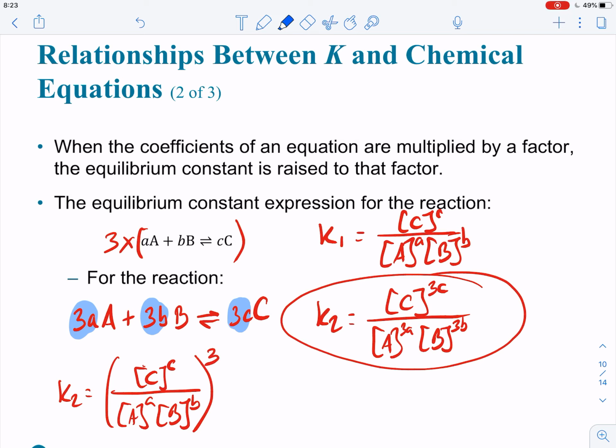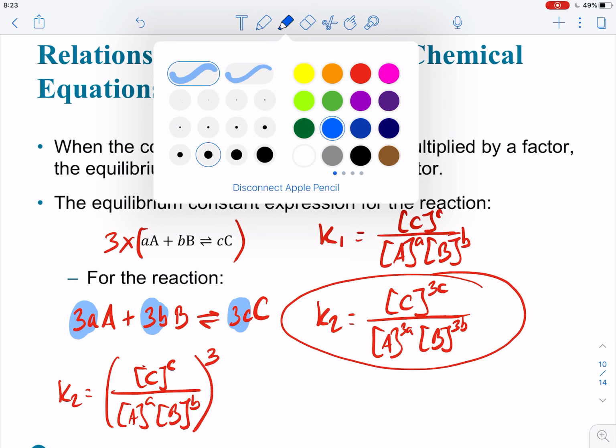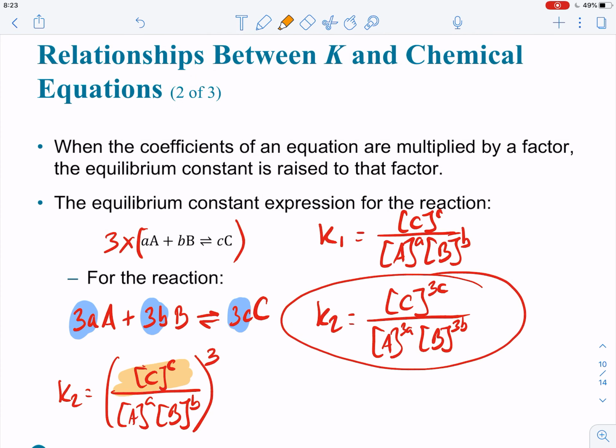And what do you have here inside? What is this? That's K1. This is K1. So you can simply say K2 is equal to K1 raised to the power of 3 in this particular example.